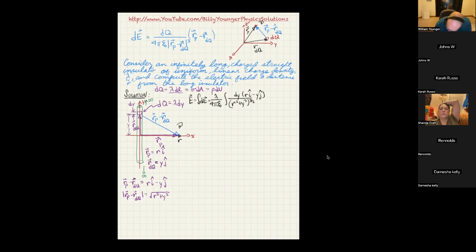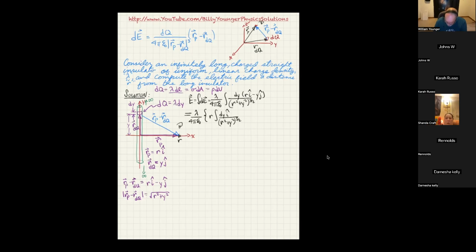Okay. Now this does break up into a couple vectors or a couple integrals. So I'm going to do that part so we can make some sense out of it. This is going to be 4 pi epsilon naught down here in the bottom. I'm going to put curly brackets here, and I am going to say r times the integral of dy i hat over r squared plus y squared to the 3/2.